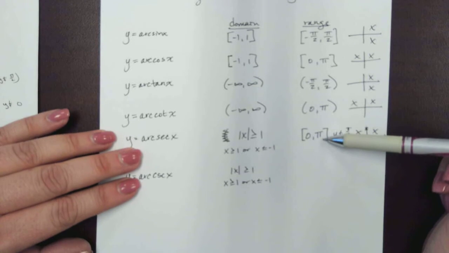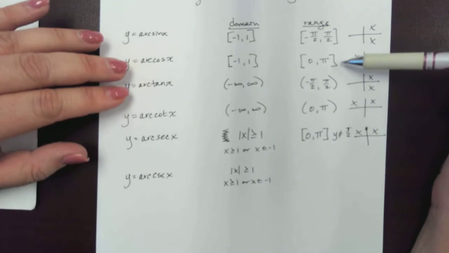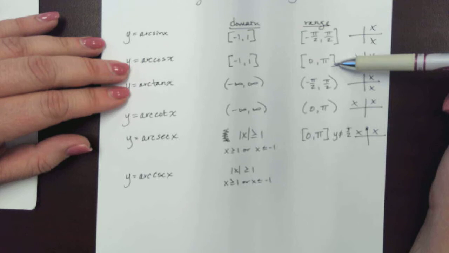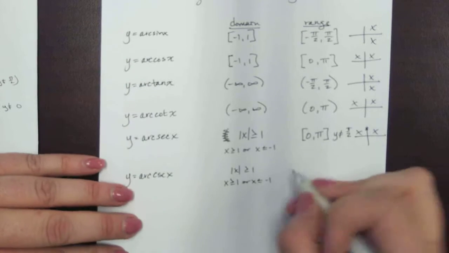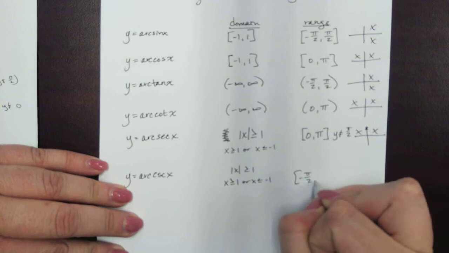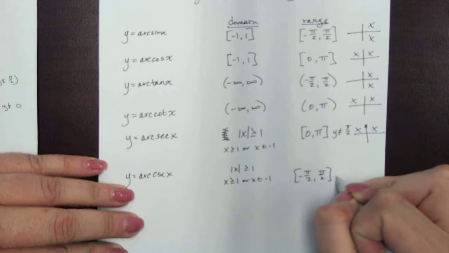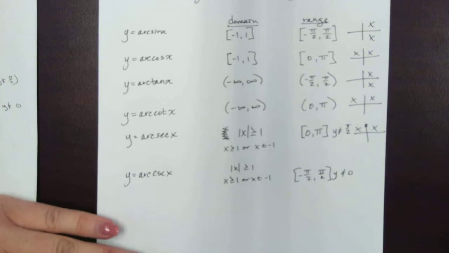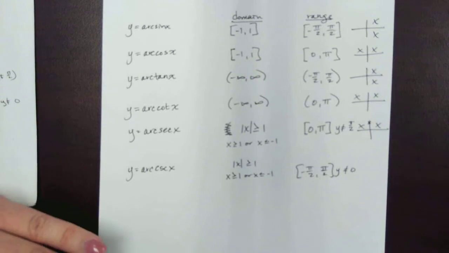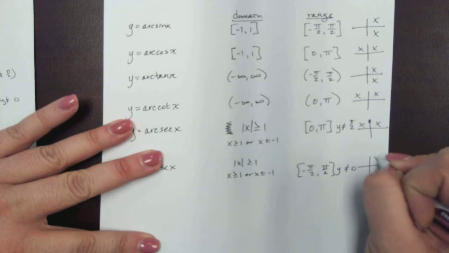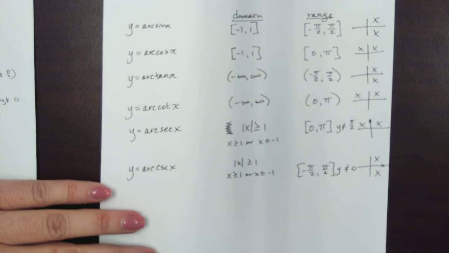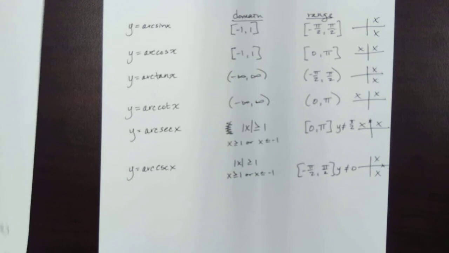The inverse secant is going to be the same as inverse cosine, except where cosine equals 0, which is halfway through that. And so this is going to be negative pi halves to pi halves, but y cannot equal 0, because that's where sine equals 0, and then you have 1 over 0. So here I am like this, and I'll put a little x on that axis to say it's not included.